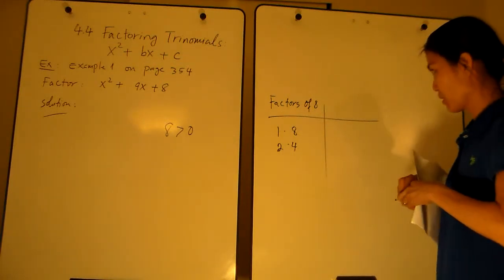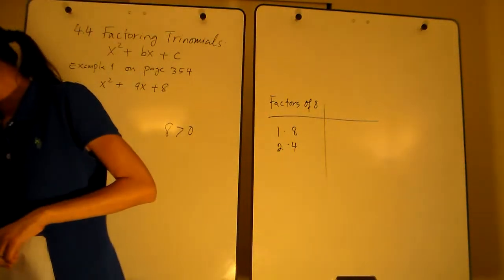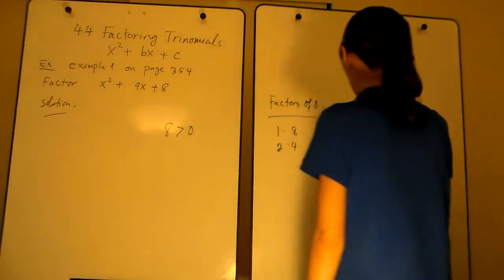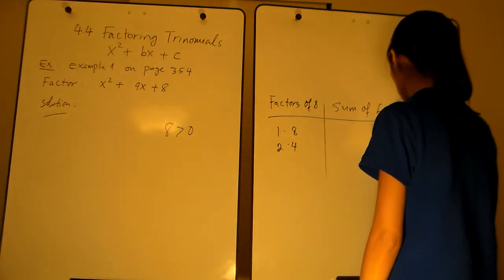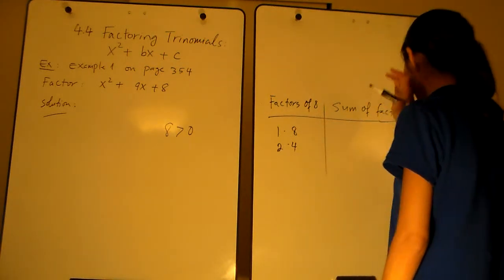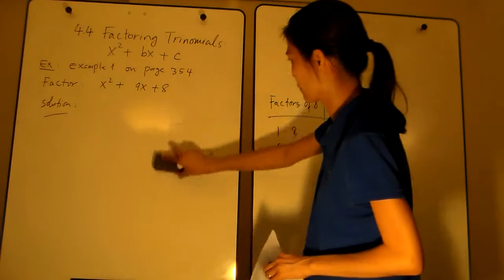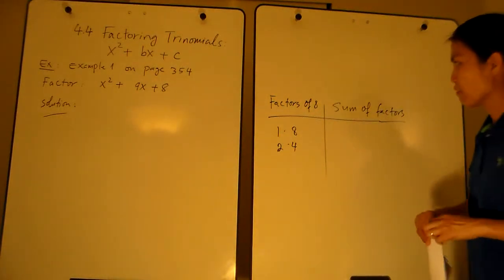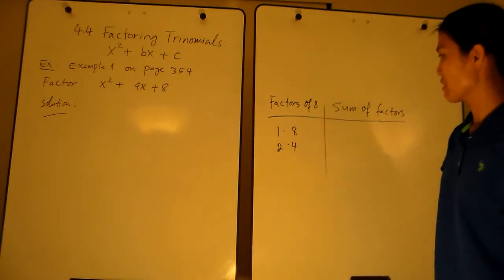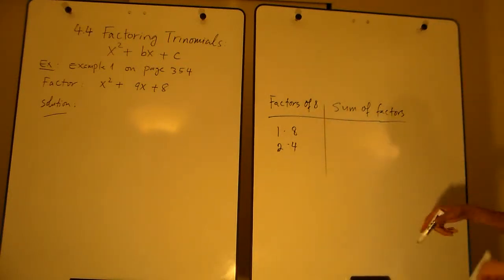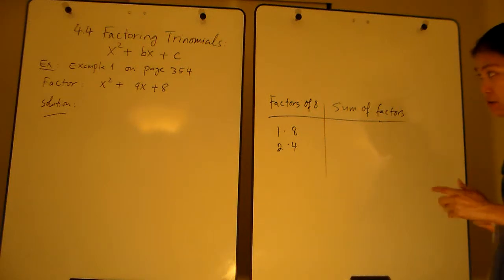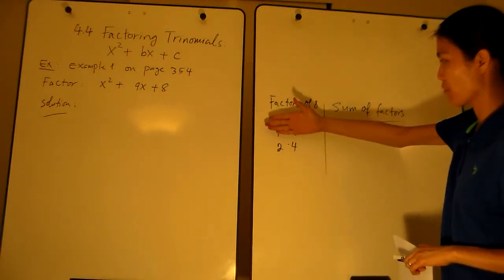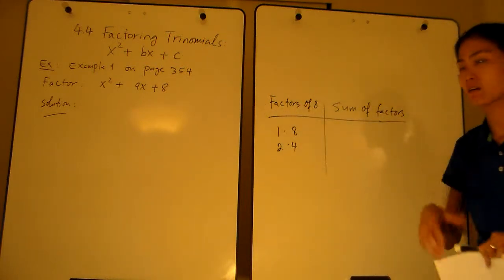Alright. Now, in your book, they call it sum of factors, okay? Now, we found the factors of 8, which are 1 times 8 or 2 times 4. Sum of factors. You need to find the sum of either 1 plus 8 or 2 plus 4, so that you would get b, okay?